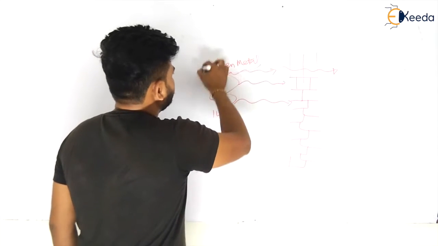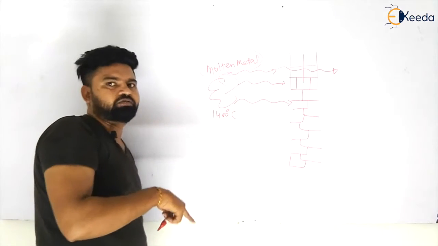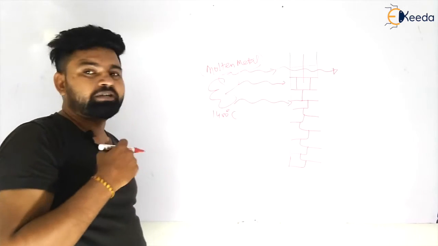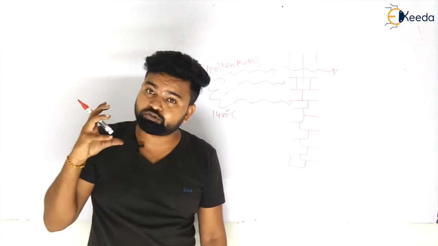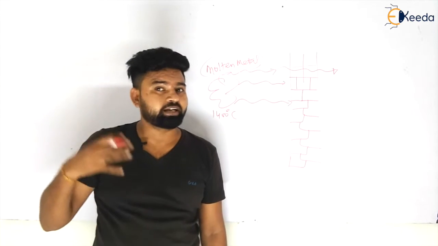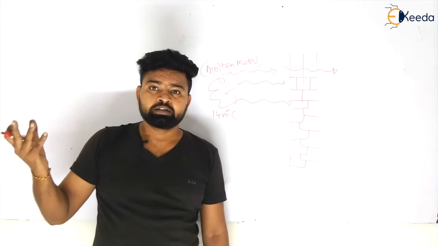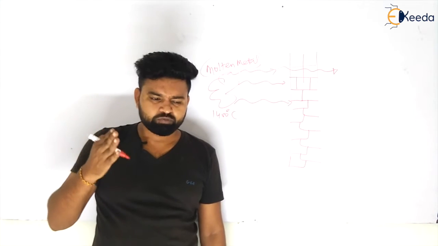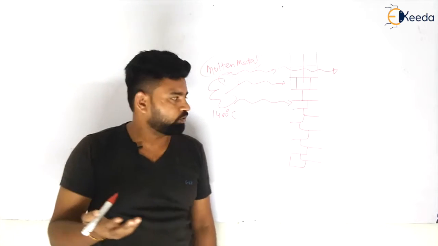The temperature of the metal may decrease, which is very costly, because we have given so much heat to it to make it molten, to make utensils, to make cast iron material and all.